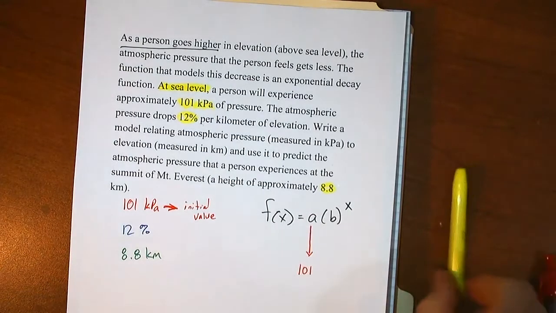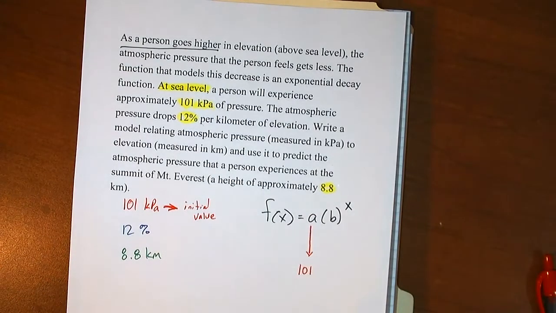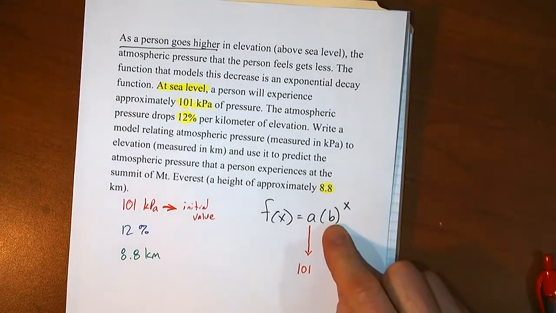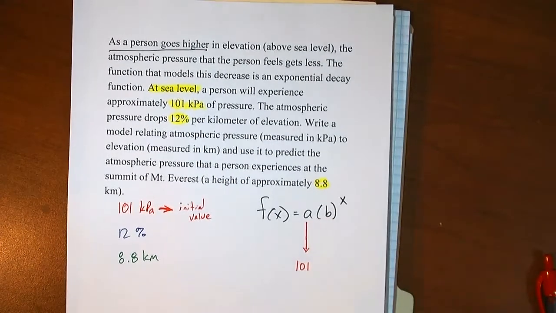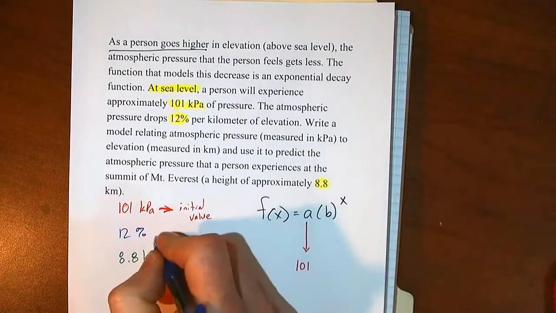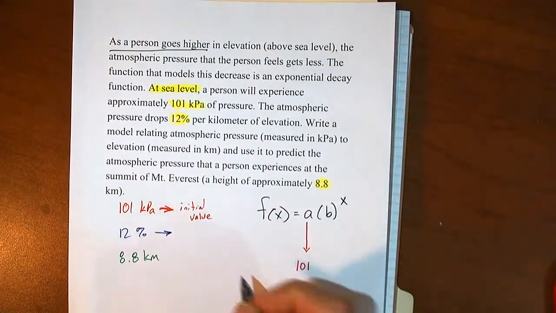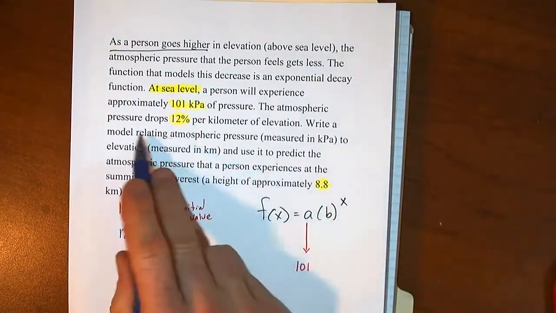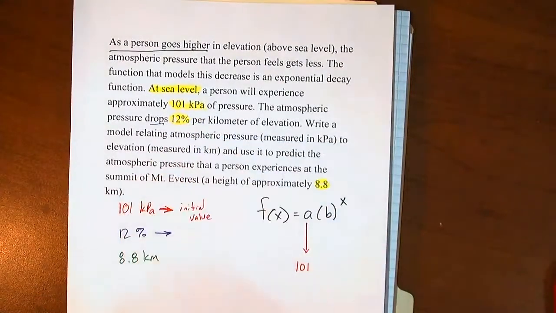Now the next thing is I know that B deals with the way things are changing. And so obviously the 12% tells me about the way things are changing. It's going down, it drops 12%.